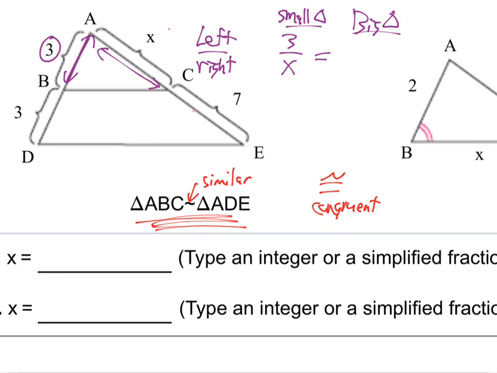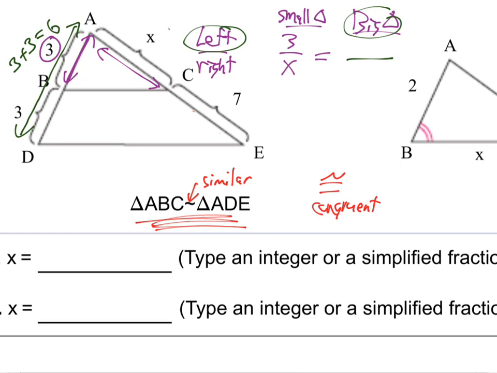And then what's the left side of the big triangle? Yeah, all of this, huh? What is it? 6, right? Because it's 3 plus 3, 6. One piece is 3, the other piece is 3, so the whole length is 6 there.